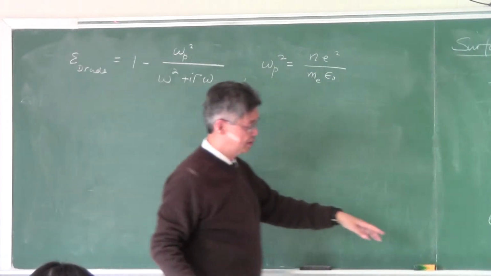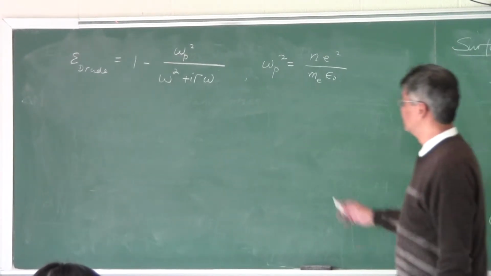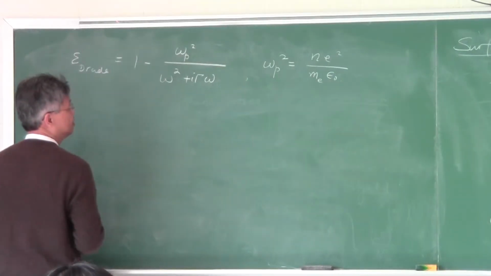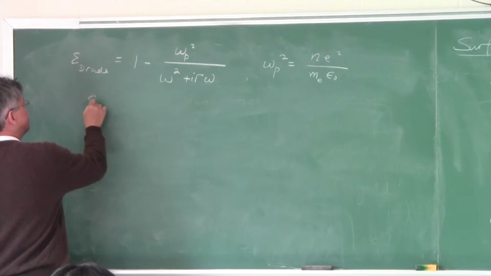If we work this out correctly, lump this together, and divide it by epsilon naught, you get omega p to be that number over there. Okay, this is called the plasma frequency, and you probably have seen this formula before.